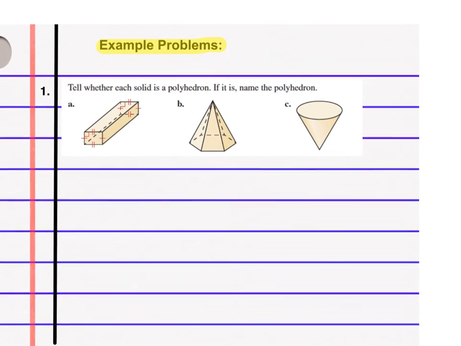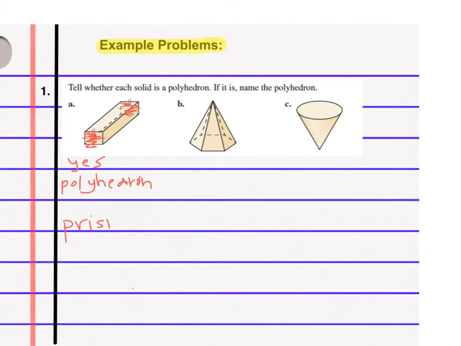Example one, tell whether each solid is a polyhedron. If it is, name the polyhedron. And if it's not, I think we could still name it. So part A, yes, this is a polyhedron. Every single surface is a polygon. There are no circles. I see two bases, base 1, base 2, so it is a prism.